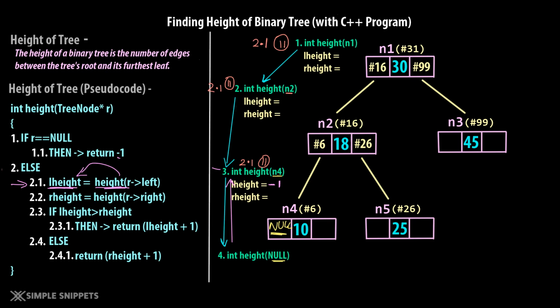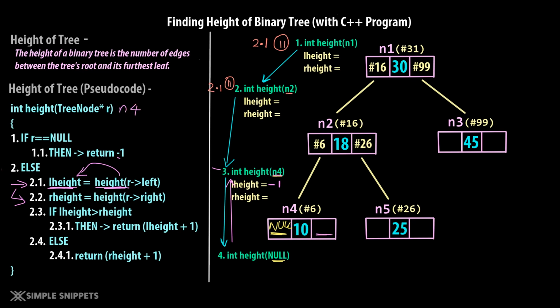Alright. So now the third function call, which was paused at 2.1, will proceed its execution from step number 2.2. It will go in a resume state. So from 2.1 you proceed to 2.2, and at 2.2 you can see we are saying R height is equal to again a recursive call, but this time we have to traverse to the right side. And for the third height call, the R value is n4. What is there to the right of n4?